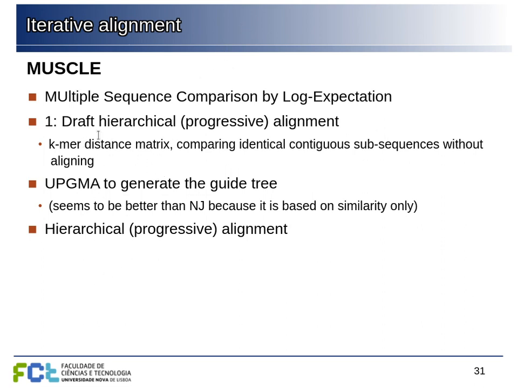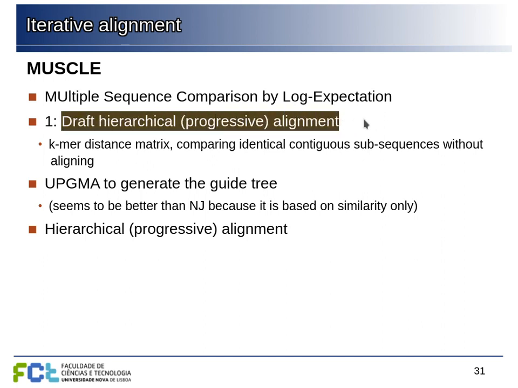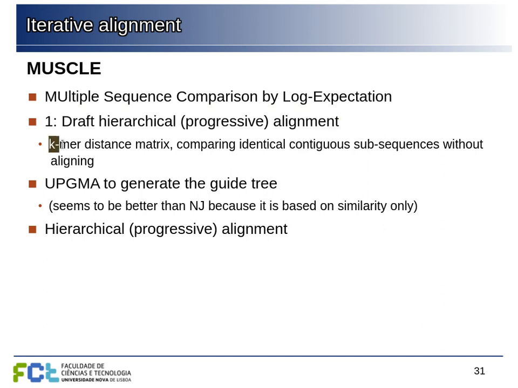The distances are not obtained by aligning all the pairs of sequences. This is done by comparing words, those k-mers, short sequences of residues that are used to compare the two sequences. And so this first progressive alignment will be just a draft of the alignment.